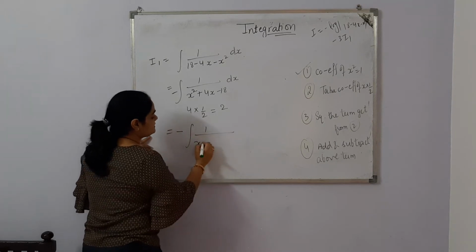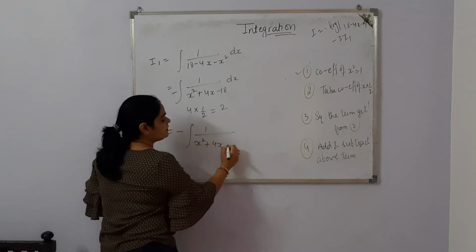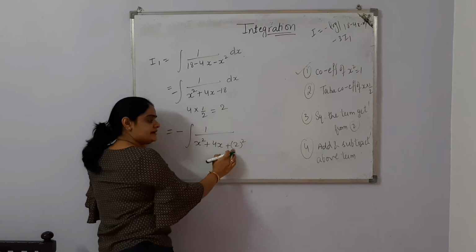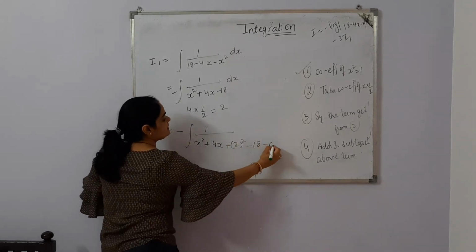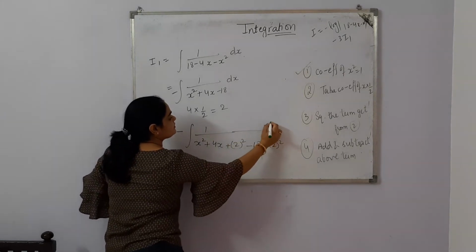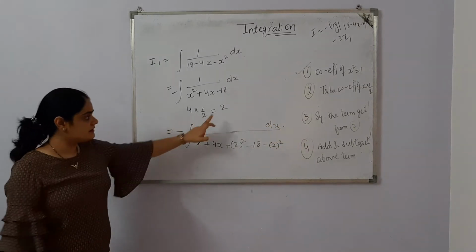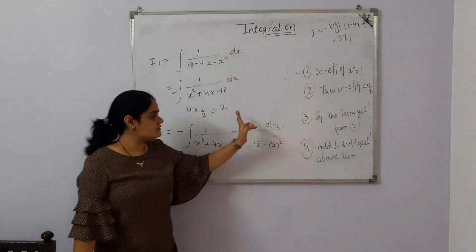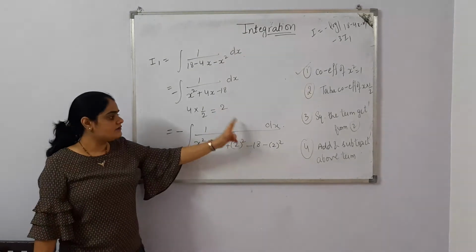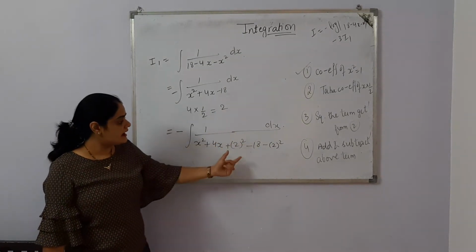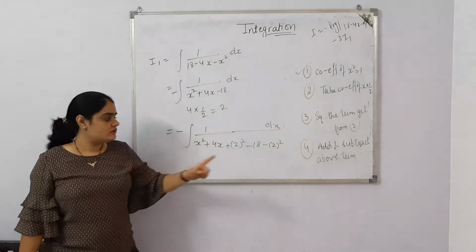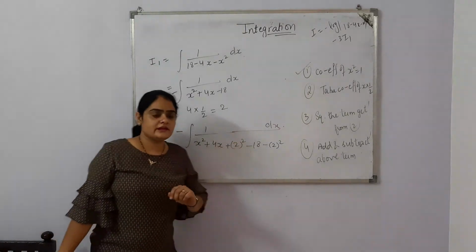Minus 1 upon x square plus 4x plus 2 square. We are adding 2 square and we are subtracting 2 square. The third step is saying the scaling of this term, and the fourth part is saying add and subtract the same term. So we are adding 2 square and subtracting 2 square.